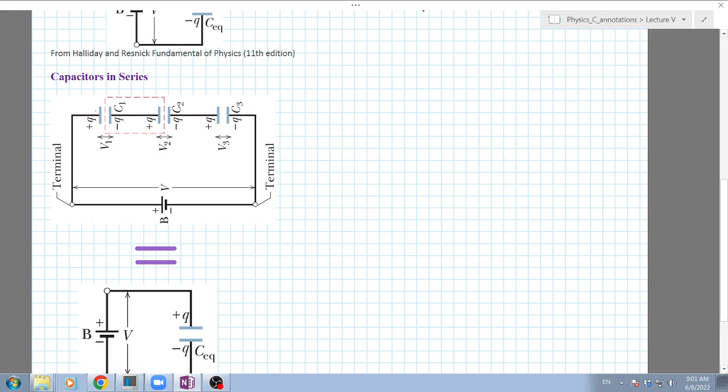We know that the battery is supplying a total voltage V to this circuit. The total voltage is going to be the sum of the voltages over every single capacitor, so V equals V1 plus V2 plus V3.